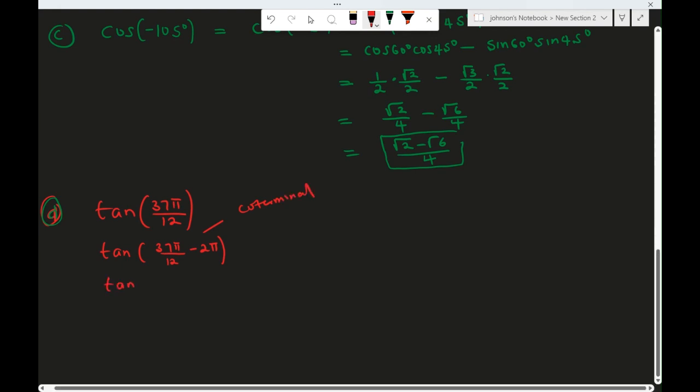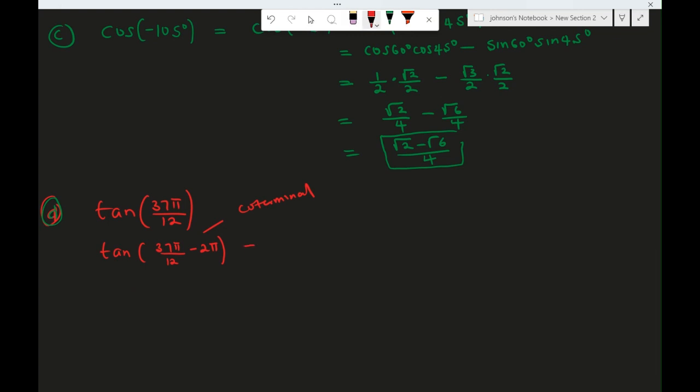So this is tan of 37 pi over 12 minus 24 pi over 12 as well. And now this is the same thing as 13 pi over 12.